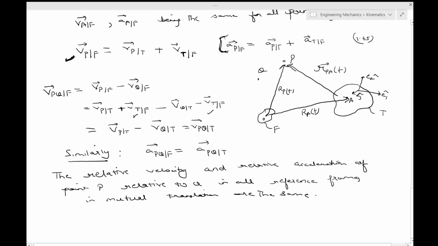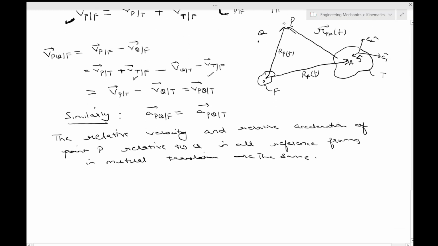Now if you have this equation 1.65, you can still see that 1.65 over here. You can keep on breaking them down into as many reference frames as you want. Let me show that to you, and that will be quite important when you solve very complicated mechanisms, systems in which one part is moving with respect to the other, which itself is moving with respect to the other, which itself may be translating with respect to the other, and so on.